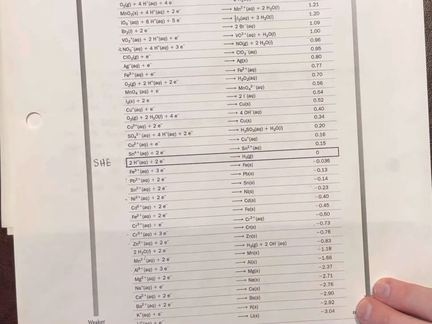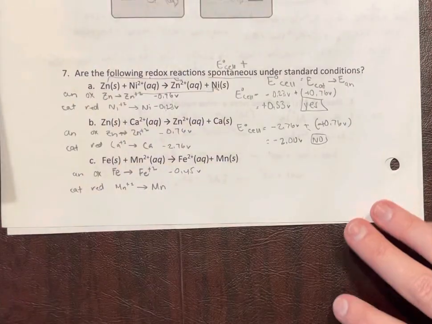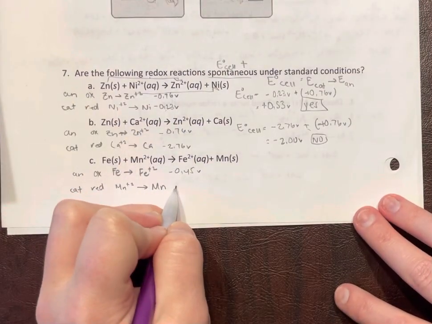Well, do I have a solid manganese? There it is. It's way down here. All right, negative 1.18. Somebody's going to go, oh, it's below, so it's not going to be spontaneous. You would probably be correct.